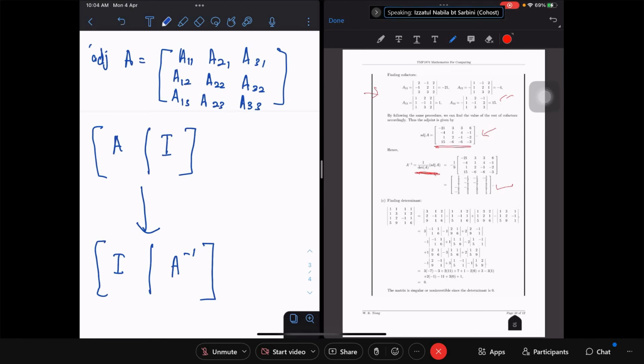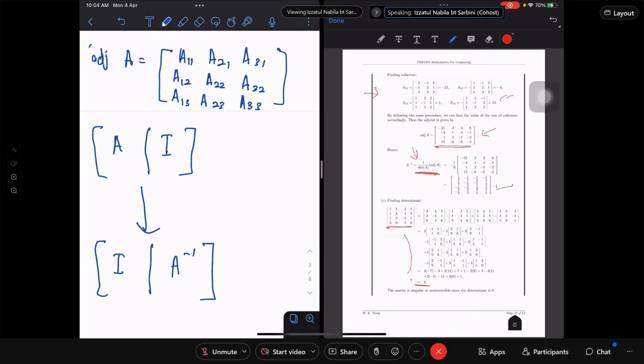The same in C. Okay, look at the C here. We want to find the determinant for this matrix. So you calculate, and then you see your determinant is equal to 0. When your determinant is equal to 0, if you want to substitute into the formula, it is not possible. It is not possible for you to find an inverse, correct?